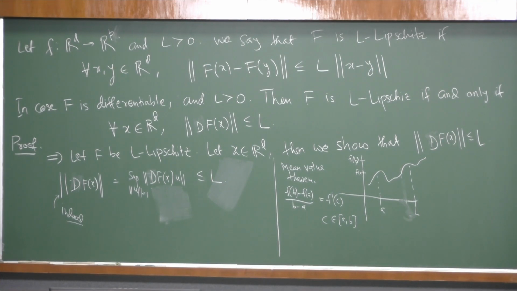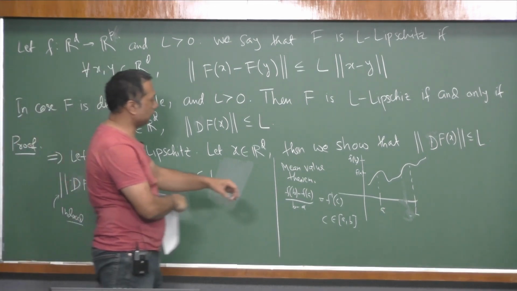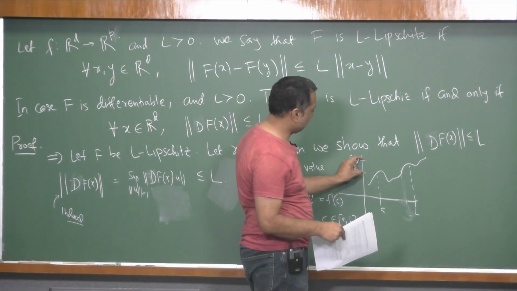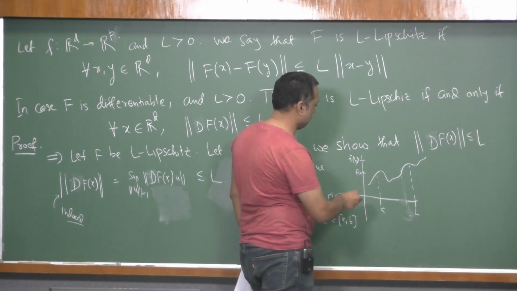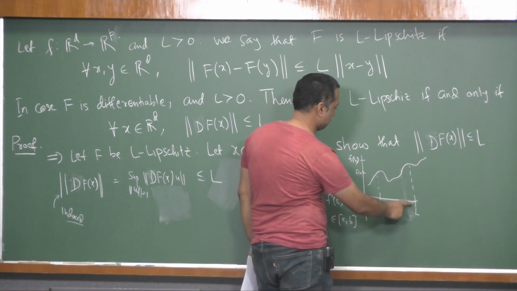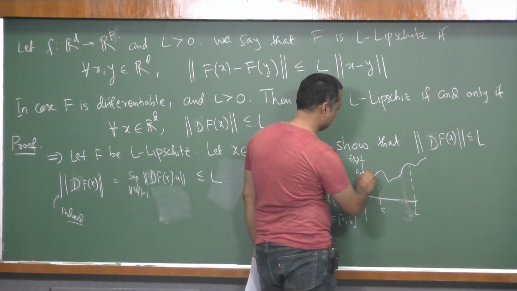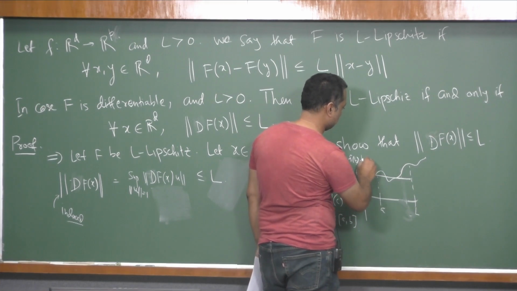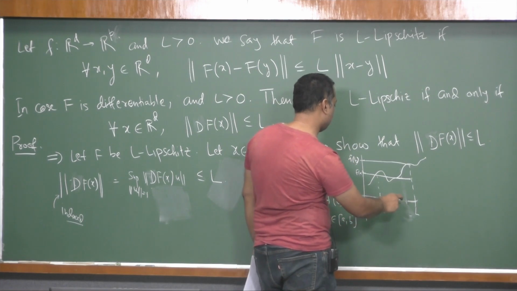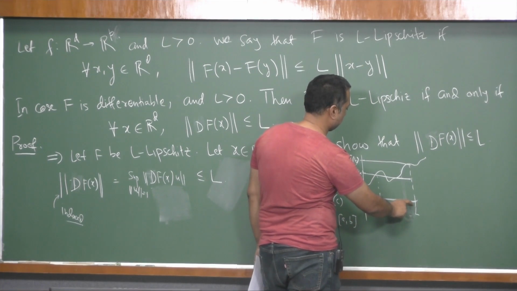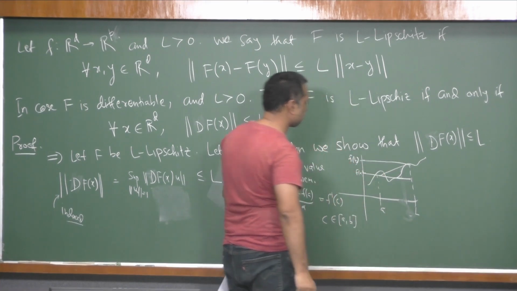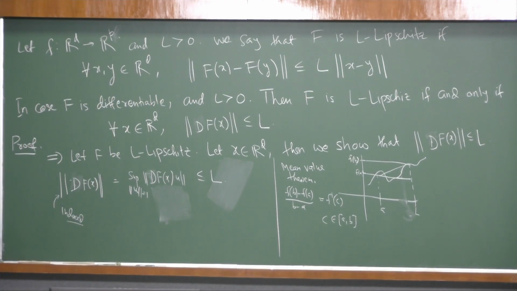What the mean value theorem is trying to say is that f(b) minus f(a) divided by b minus a is the slope, height divided by the length.